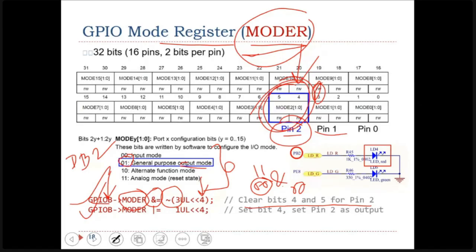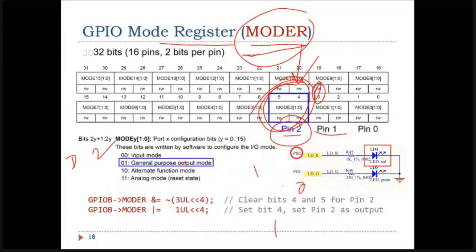And after that, you want to make it 0, 1. You don't want it to be 0, 0, you want it to be 0, 1, because 0, 1 represents the output mode. How do you make it 0, 1? Using the next line.